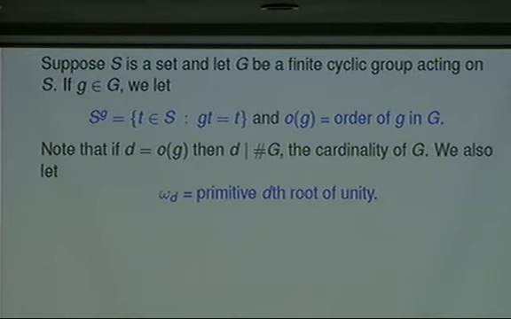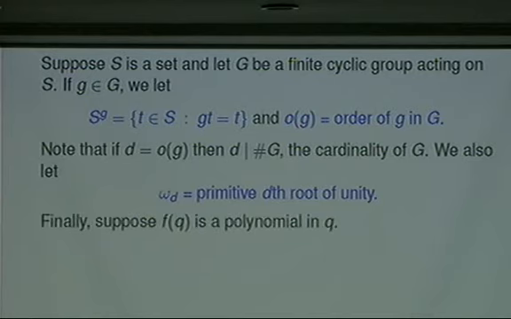The order of g in the group big G is the same as the order of omega_d in the group of all roots of unity. And so somehow g and omega sub d correspond. In fact, if you liked, you could set up some sort of isomorphism between the two groups involved. And then the final element that we need is some polynomial in q, f(q).